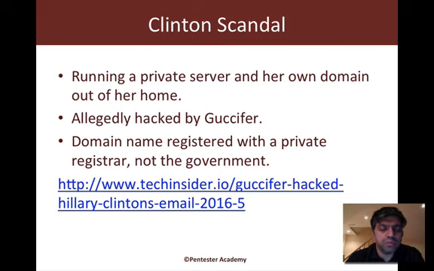Now, the OSINT portion in here comes in with, you could, in theory, and apparently people looked at this, actually look at the DNS name and similar and look at where this domain was registered and tie it down to Clinton's home address.